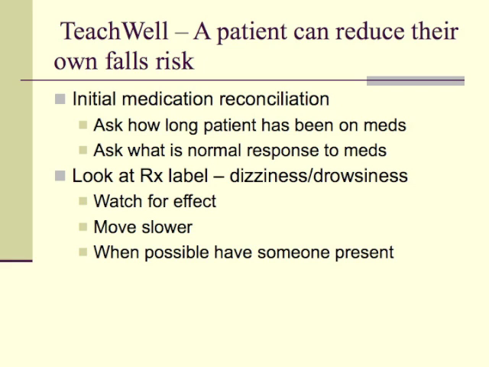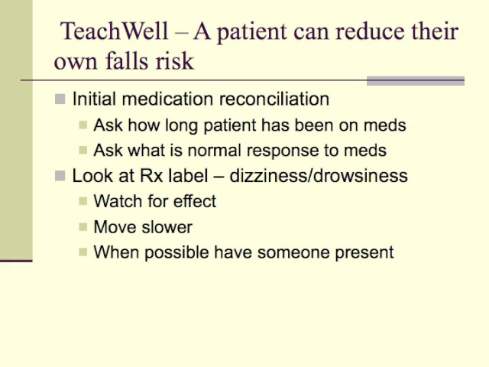The next thing we want to do is look at the prescription label on the side of the bottle of any of the prescription meds they have, and really teach the patient that they can always look for that, and it's important for them to read those warning labels, whether it's take with food, or in this case what we're looking for is things that say may cause dizziness or drowsiness. So anytime they have a medication that has that on the side of the bottle, we want them to watch for the effect, because it doesn't always occur when a patient takes the med, but it may occur.